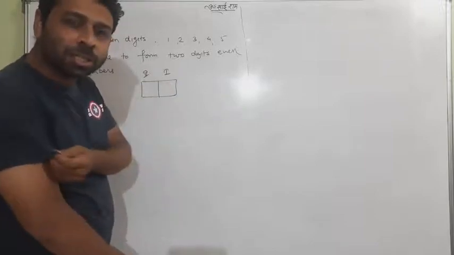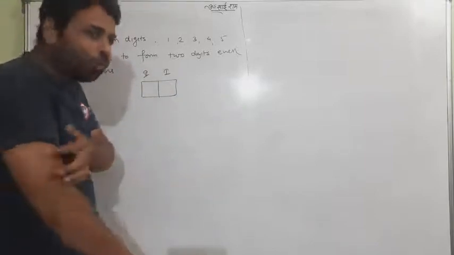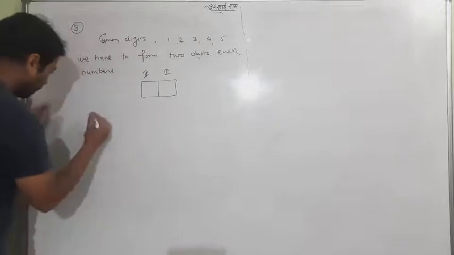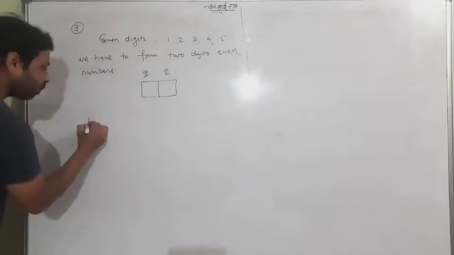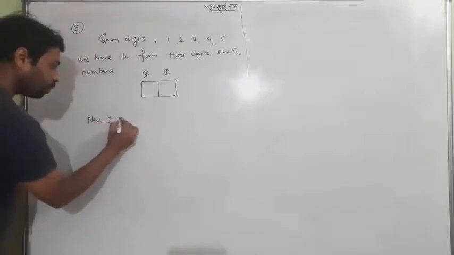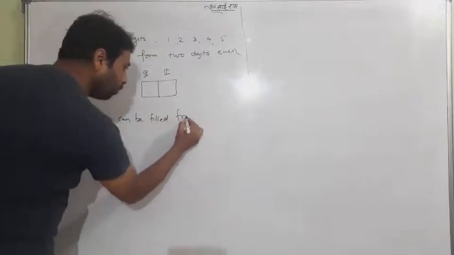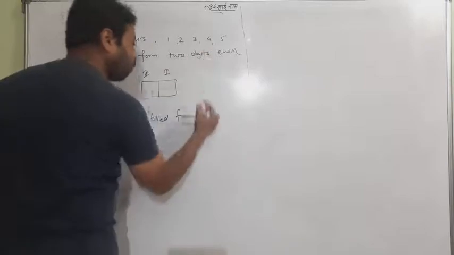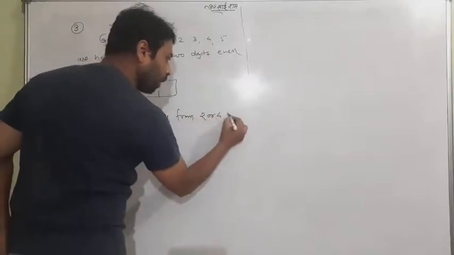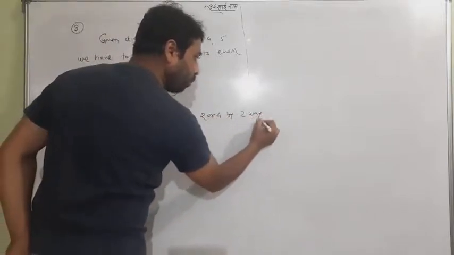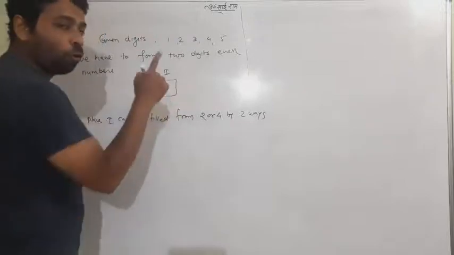So how many ways is it? Only 2 ways. So I would say that since numbers are even, place 1 can be filled from 2 or 4 by 2 ways. Very important. Here 2 may come or 4 may come.